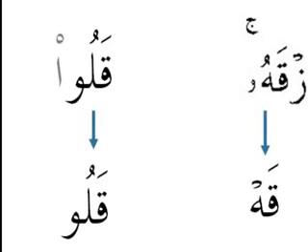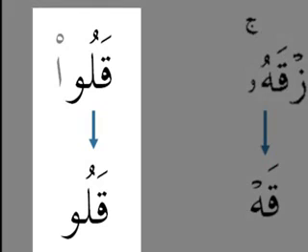Okay, and the last example is this one. You'll see this in quite a few, they're normally verbs. Here we have qalu, and we haven't covered this actual symbol. In the Uthmani script, you'll find these alifs with a round circle, and in this case that round circle is not a sukoon.